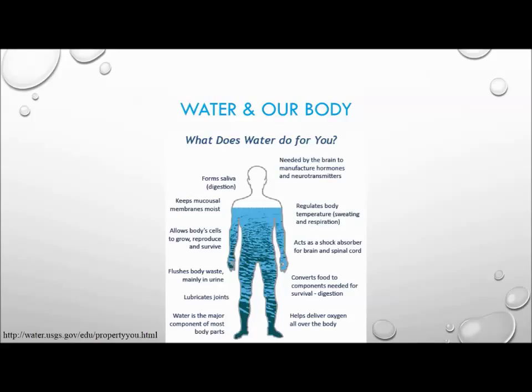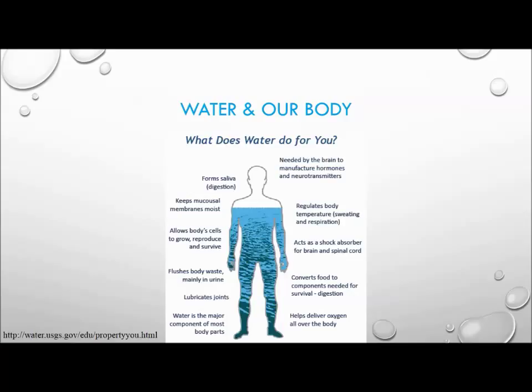Needed by the brain to manufacture hormones and neurotransmitters. It regulates body temperature in sweating and respiration. Sweat is 99% water, and the other 1% is minerals and salts.